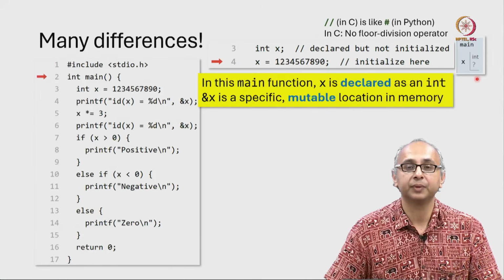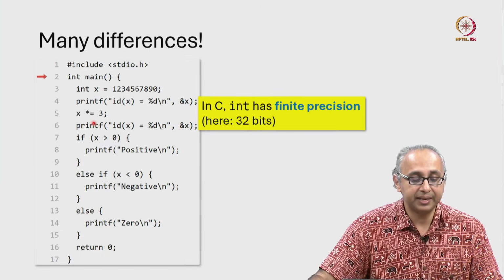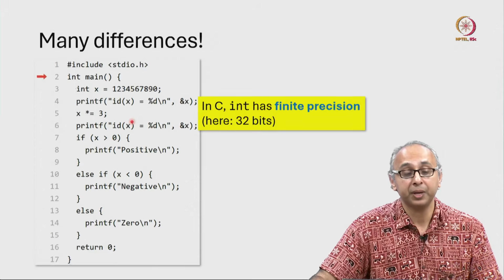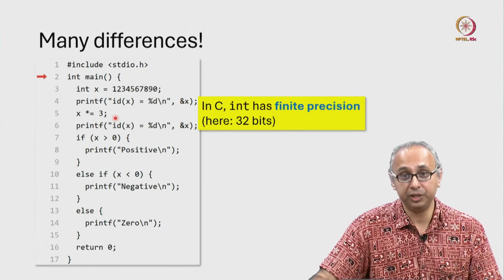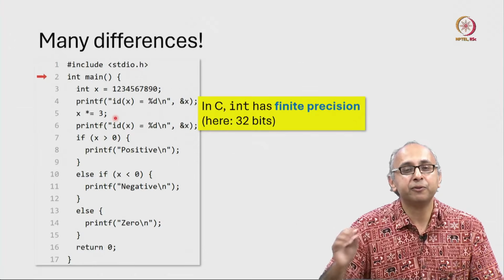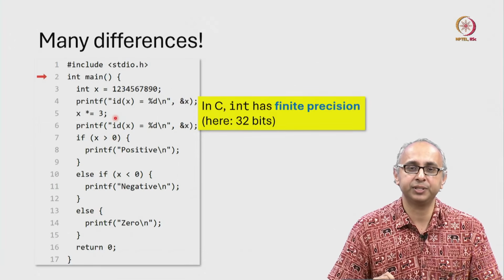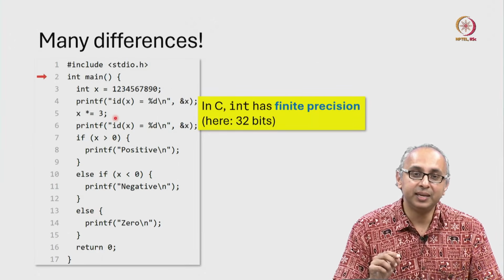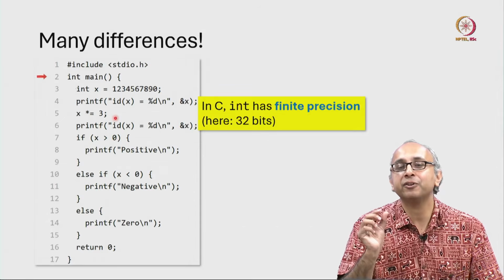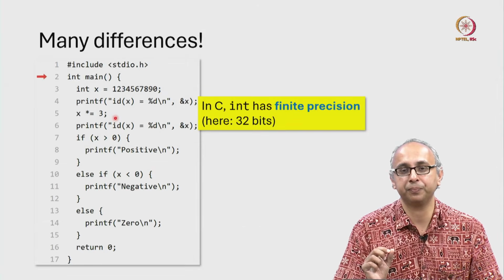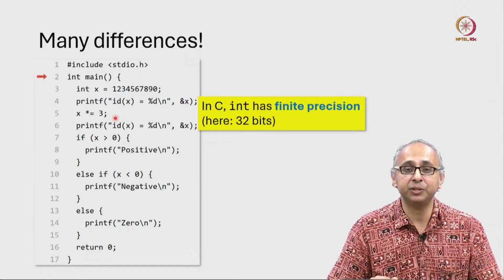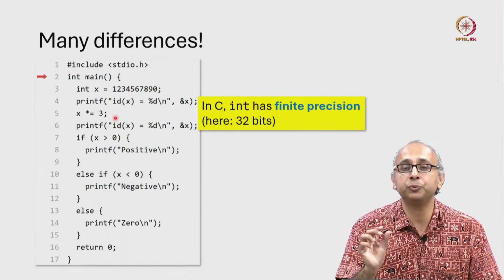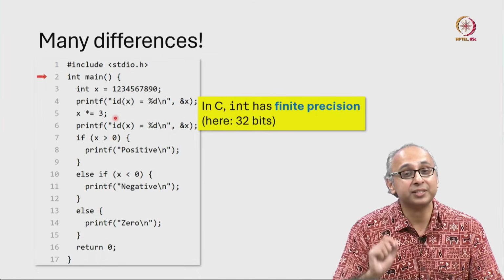value. Now the next statement here, x *= 3, is actually going to multiply that integer by 3, just like in Python. But a very, very important difference is that in C, integers have finite precision. In Python Tutor, the version of C that is executing uses 32-bit integers. And what does that mean?